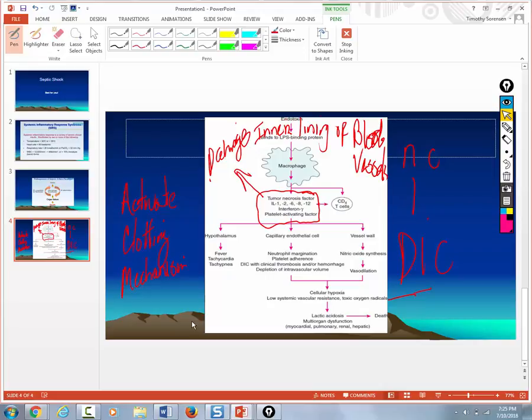And they get a condition called DIC, Disseminated Intravascular Coagulation. Have you ever heard of it? And it happens all over.